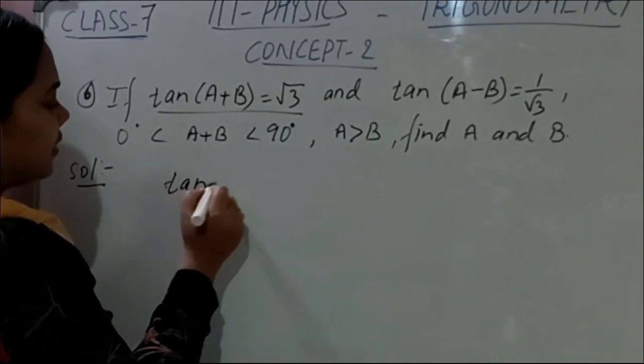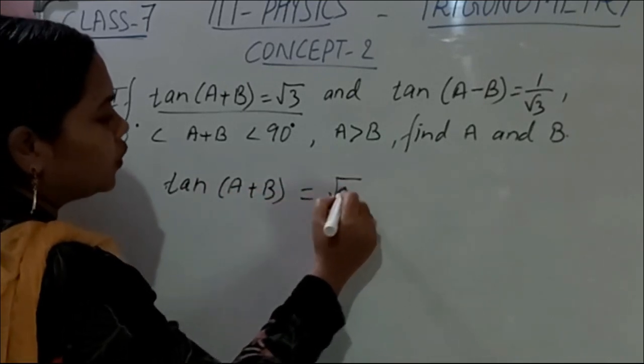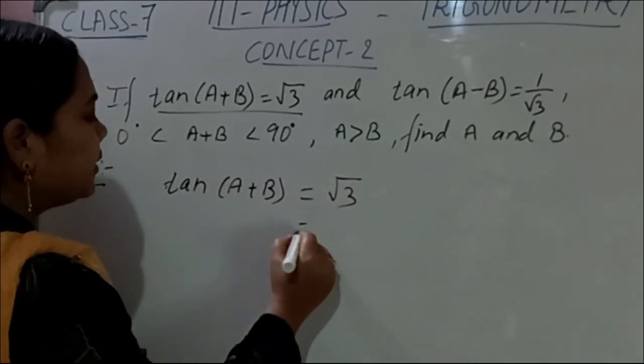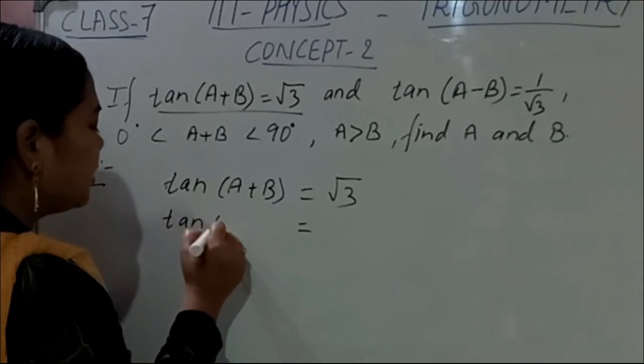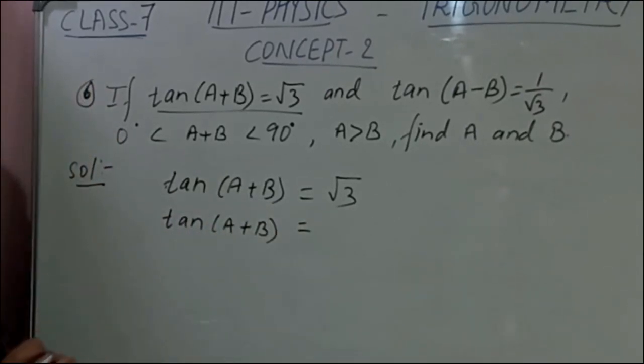tan a plus b is equal to root 3. Root 3 is the value of tan of which angle, children? Root 3, tan 60 degree.